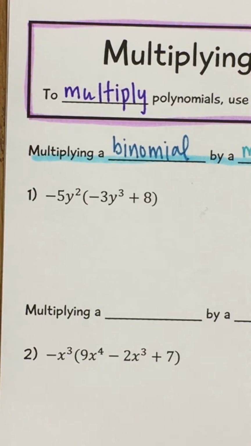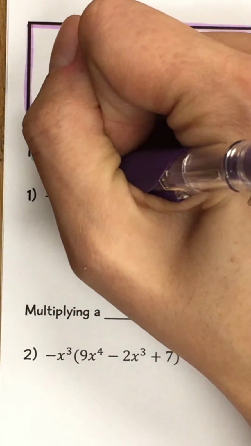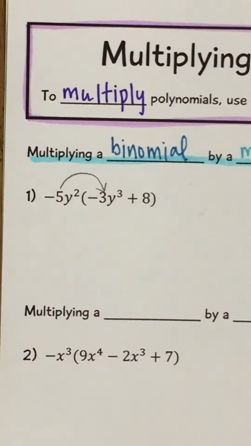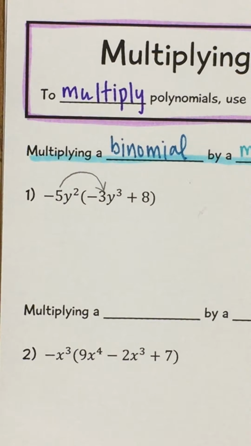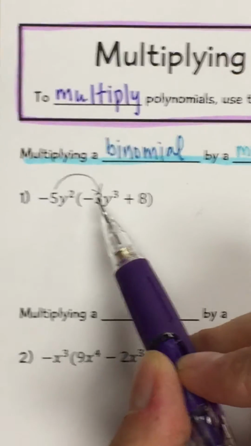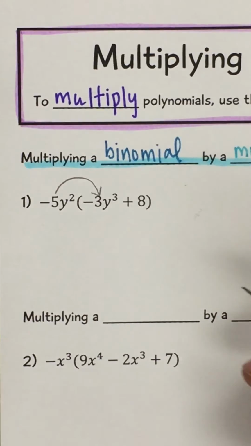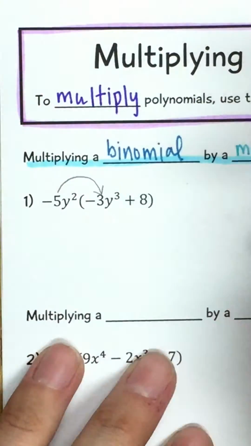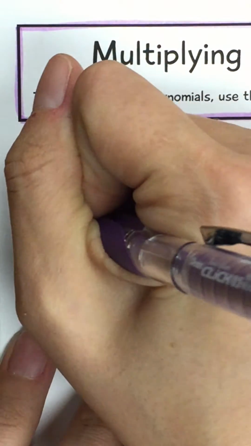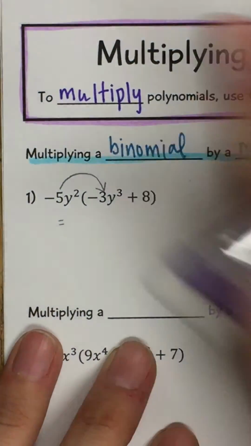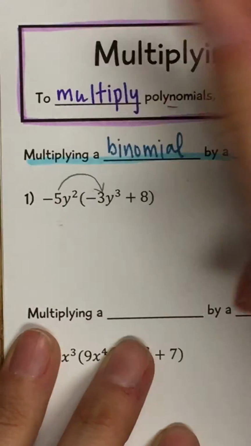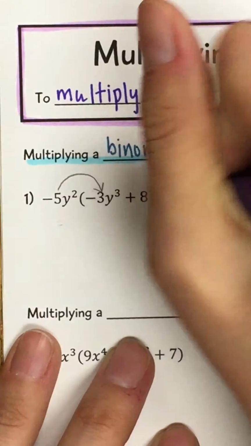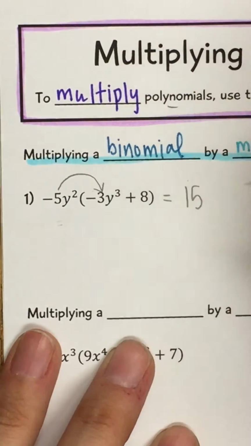So for instance, when we multiply in this negative 5y squared to the negative 3y cubed, it's fairly easy for you guys to get the negative 5 times negative 3, right? And that's going to be a positive 15. I'll write it out to the side. So our first one is going to be positive 15.